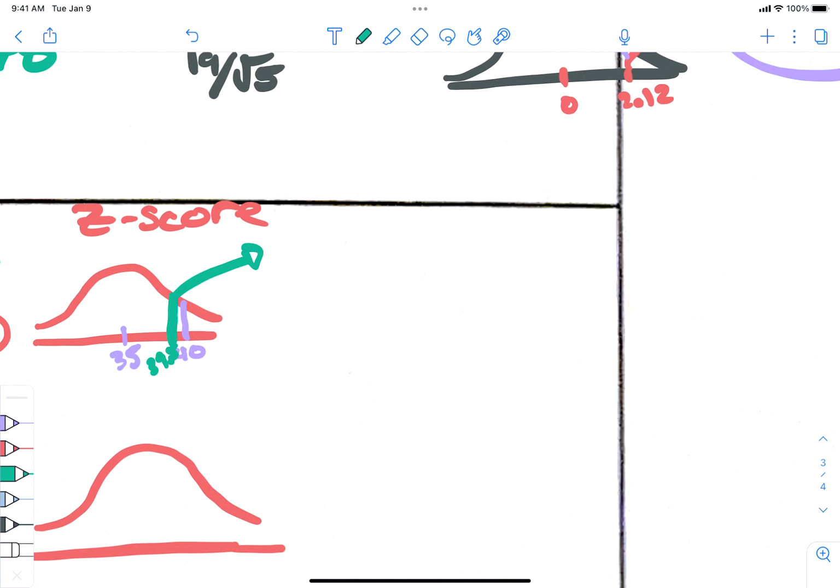If you map it out and draw the picture of the bell curve, it's so much easier to figure out which number you're using. So we're going to use 39.5. Now let's convert to a z-score: x minus x bar divided by the standard deviation. What minus what?